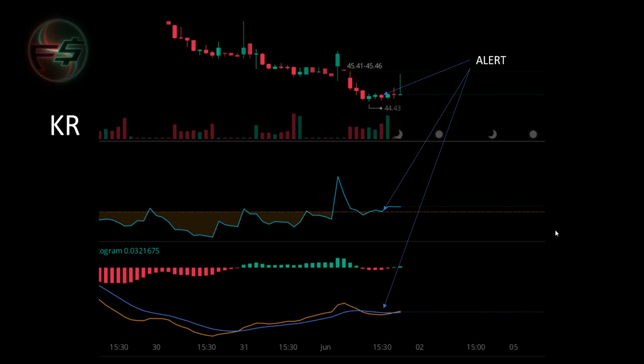Then looking on the call side for Kroger, if you look at the alert here, the alert comes in, the RSI is near oversold, and the MACD is about to cross bullish. That's basically it. It's that simple. And obviously, since you're going to be playing on the hour time frame in the case of these alerts, use that to your advantage.